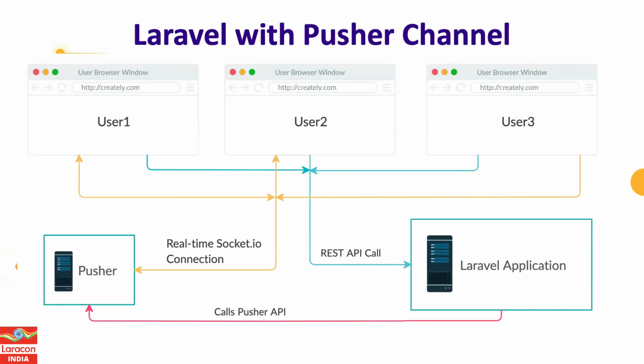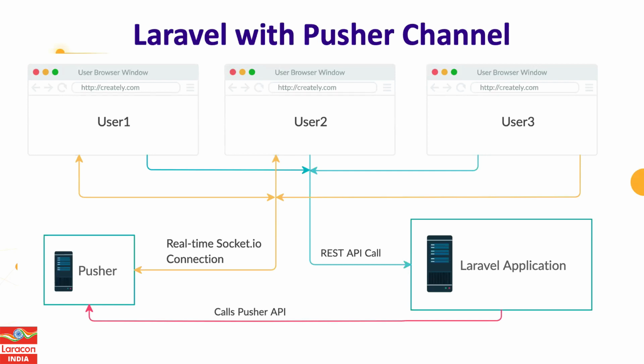When you are using the Pusher library in the browser, it makes a real-time socket connection with the Pusher server. So whenever any of your users says something to the Laravel application, it tells Pusher, and Pusher sends the update to all the users, or to the specific user you want to send it to. It is just simple.